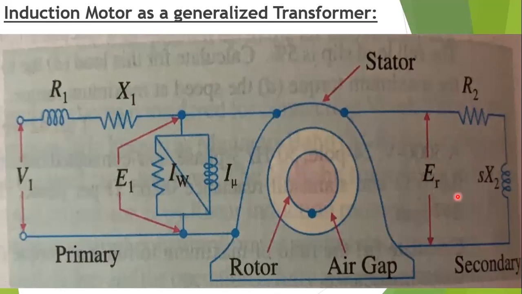If you apply KVL here, ER is equal to I2 R2 plus j I2 sX2. This whole combination is called impedance: I2 R2 plus j I2 sX2 is I2 Z2, and on the primary side we write I1 Z1.